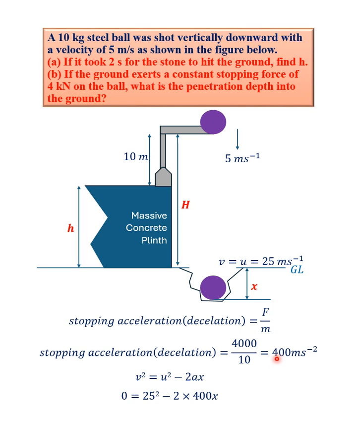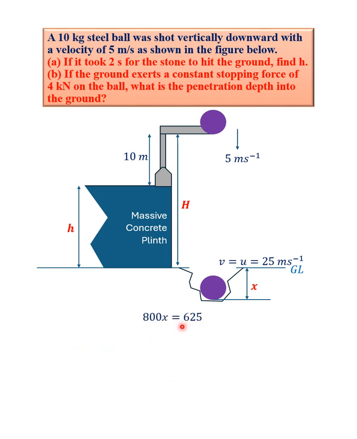Remember, it's a negative acceleration or a deceleration or a stopping acceleration, multiplied by x, the depth of penetration. 2 times 400 gives us 800. The negative can cross over to become positive, so we have 800x equals 625. 25 squared is 625. On the next page, we are going to divide both sides by 800 to obtain x.